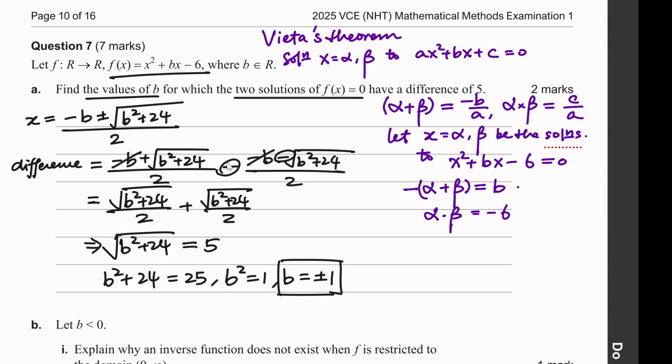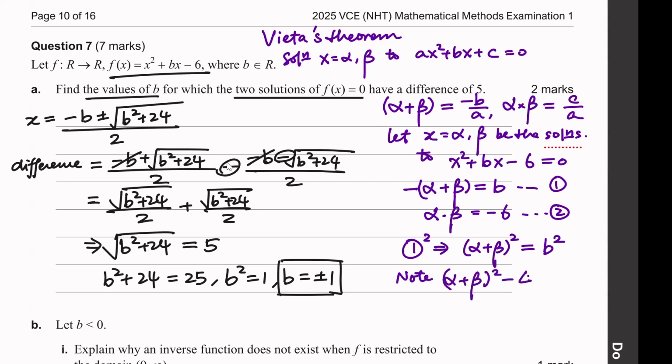For example, if you square the first one, it gives you alpha plus beta squared equals to b squared. And note that alpha plus beta squared minus 4 alpha beta equals to alpha minus beta squared. So this is like an identity.